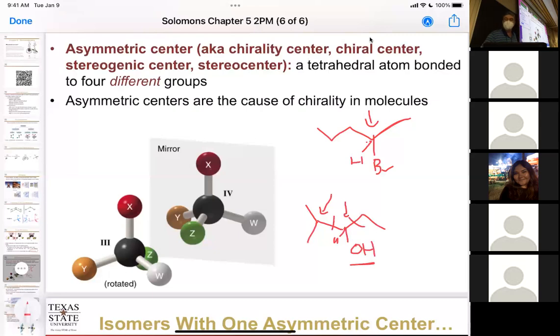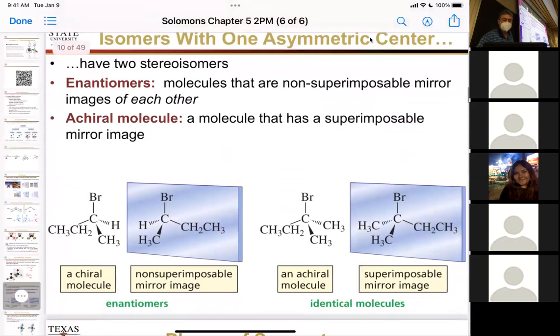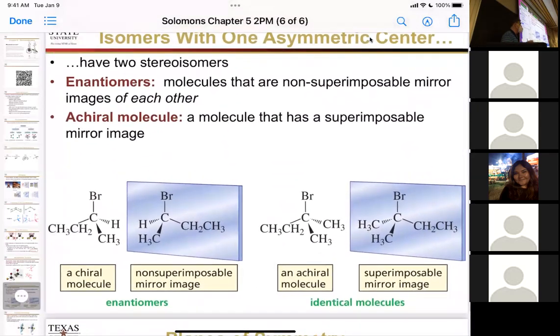Okay, so now we have a chiral center, one isomer of it. And now when we draw the mirror image of it, we want it to be non-superimposable. In the case of the ethyl group and the methyl group, when we drew the mirror image here, we knew that if we rotated around, the methyl and the ethyl would overlap with each other, and all the others would align.